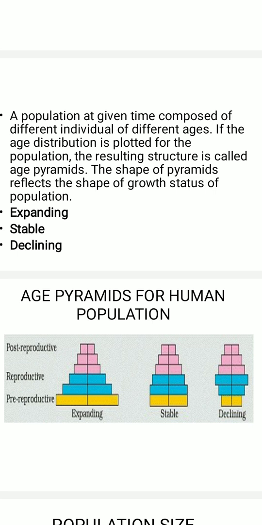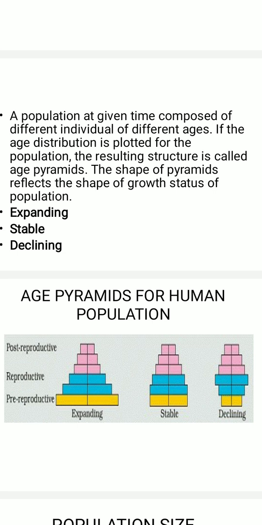In the expanding type of population, you can clearly observe diagrammatically that the yellow portion is larger at the base, the number of reproductive period individuals decreases step by step, and the number of individuals in the post-reproductive period is very low. This indicates the expanding or growing type of age pyramid.